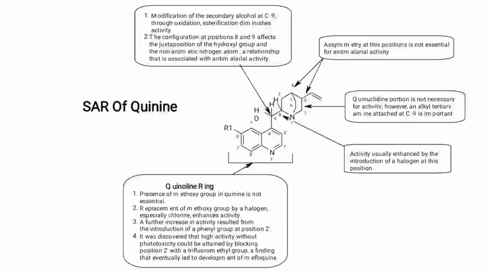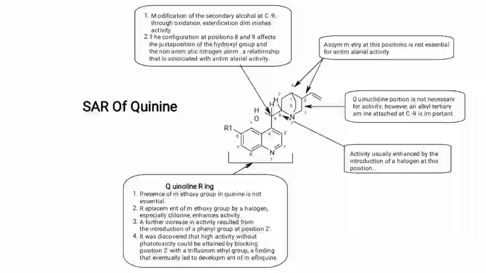The first and major part of this ring is two rings fused to each other, and the numbering starts from the nitrogen as 1, then 2, 3, 4, 5, 6, 7, 8.